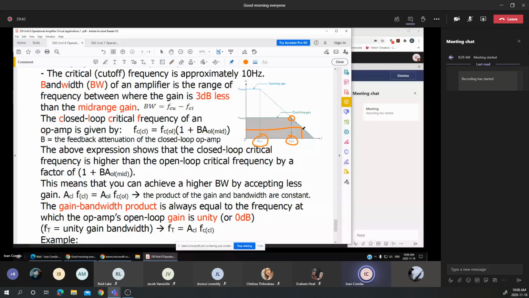In this way, using a small gain twice, or sometimes 3 or 4 times in cascade configuration, we can end up having a very large gain and a very large frequency range.